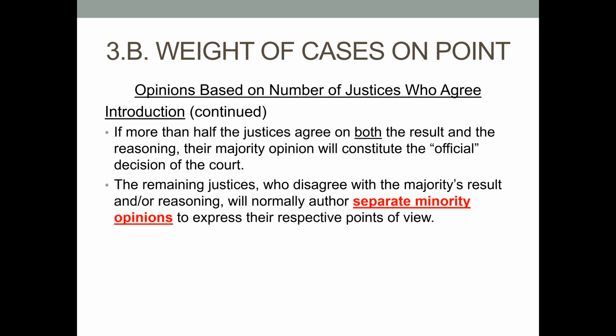But even if the minority of justices agree with the result reached by the majority, then they would typically author their own minority opinion to express why they think the majority's reasoning was wrong. And then these minority justices will explain what they think the correct legal reasoning should have been.